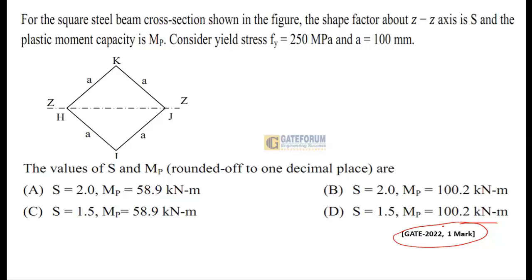So first understand the figure. Here K, J, I and H are the corners of a square steel beam, and the Z axis is there. If you draw a horizontal line here and here, this is the total depth of the section.